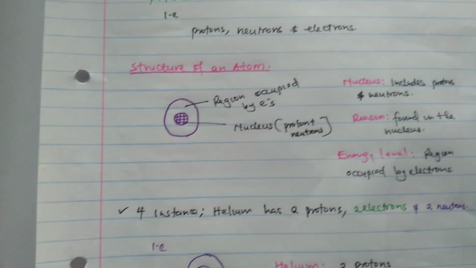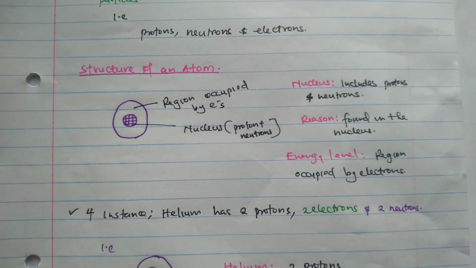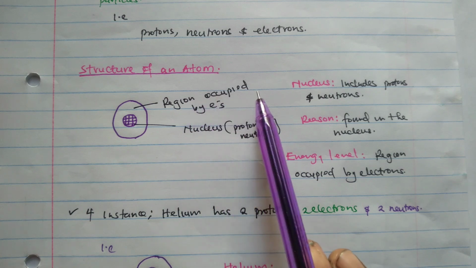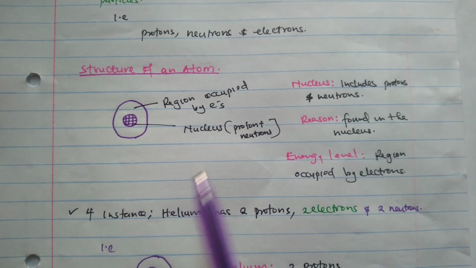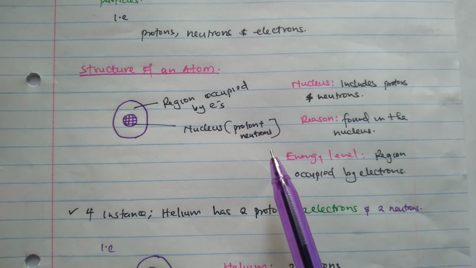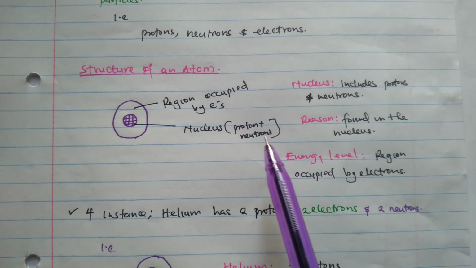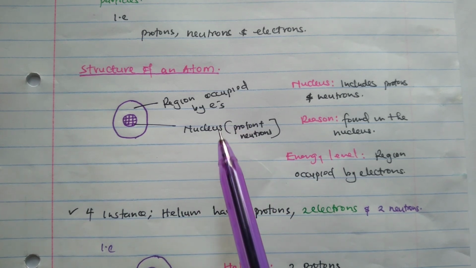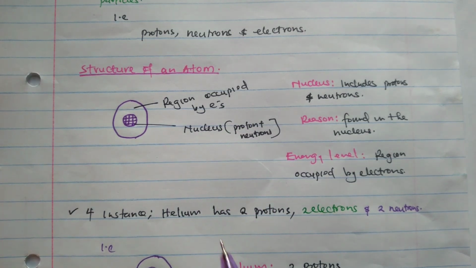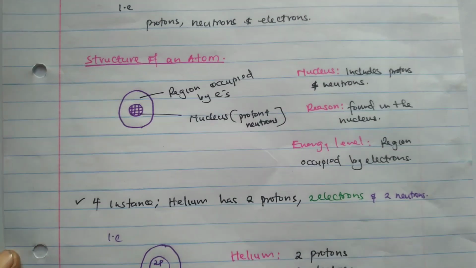So let's go to the structure of an atom. An atom has 2 regions that are key. One is the region which is occupied by electrons, and number 2 is the nucleus. So the nucleus comprises of protons and also neutrons. The region where the electrons occupy is also referred to as the energy level and is very key as we study on.